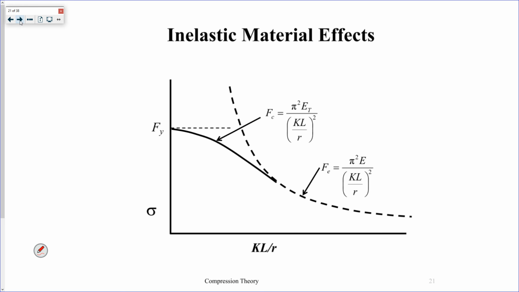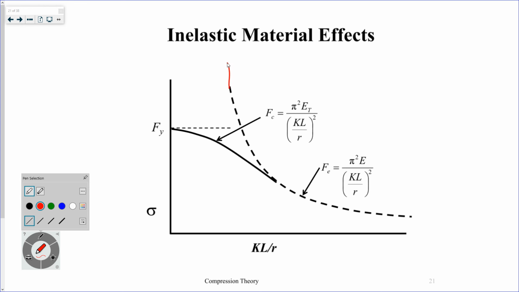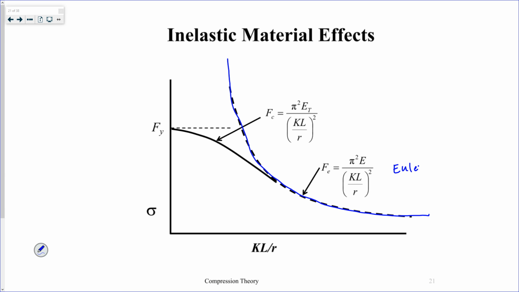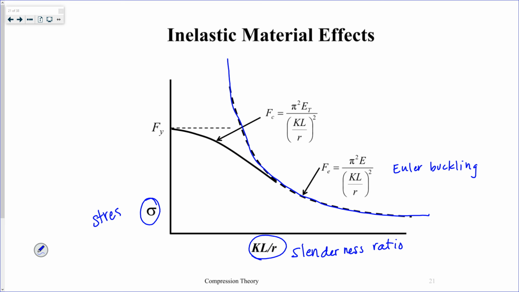So if this curve right here is our Euler buckling curve, this is a chart, a graph of our slenderness ratio and our stress in our cross section.